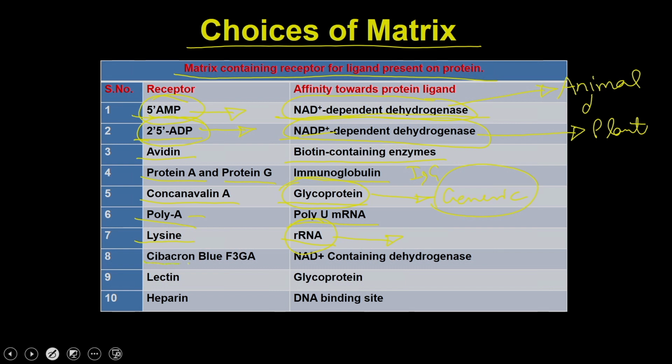Then this is an example of dye-affinity chromatography, where the Cibacron F3GA blue, called blue sepharose, has affinity for the NAD plus containing dehydrogenases. Then you have the lectin having affinity for glycoproteins, and then the heparin sepharose, which has affinity for the DNA binding proteins.